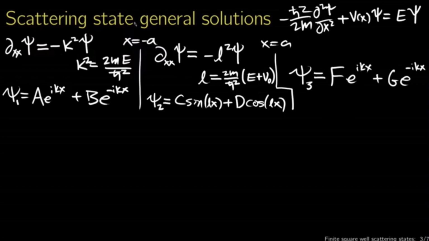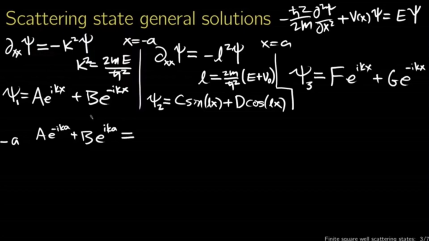But, considering the boundary at x equals minus a, ensuring that the boundary condition holds means meshing the value of this wave function at minus a and the value of this wave function at minus a. So let's go ahead and plug that in. Our boundary condition at minus a here is going to give us a e to the minus i ka plus b e to the i ka, since I'm substituting in minus a for x.